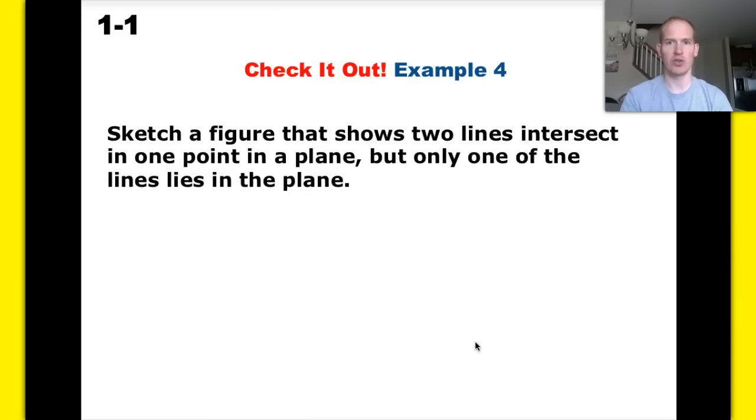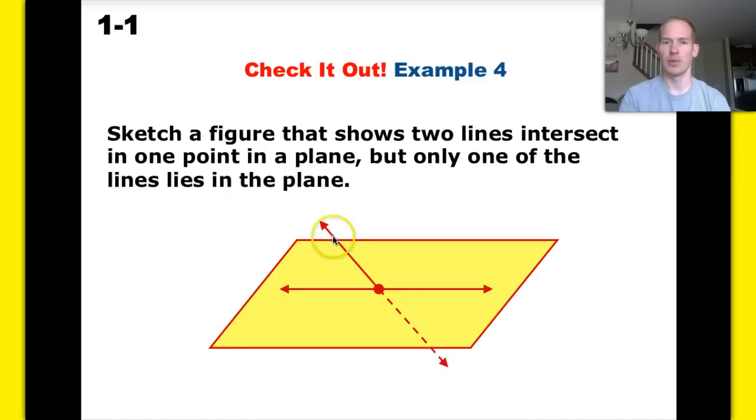Sketch a figure that shows two lines intersecting in one point in a plane, but only one of the lines lies in the plane. Two lines intersect at one point in the plane, one lies in the plane though, not the other. And there we go. There's your parallelogram. One line lies in the plane, the other one's just intersecting right there, so that one's technically kind of going through it.